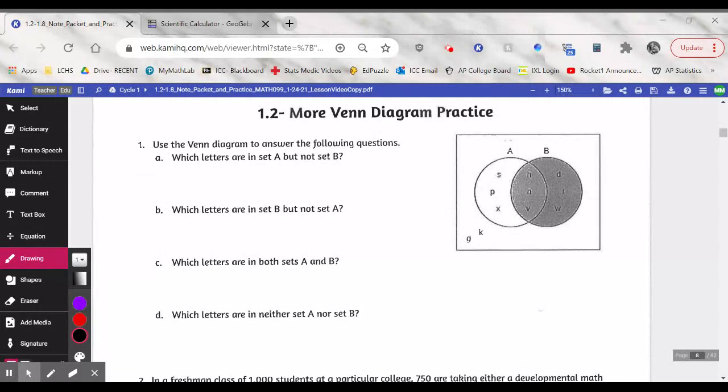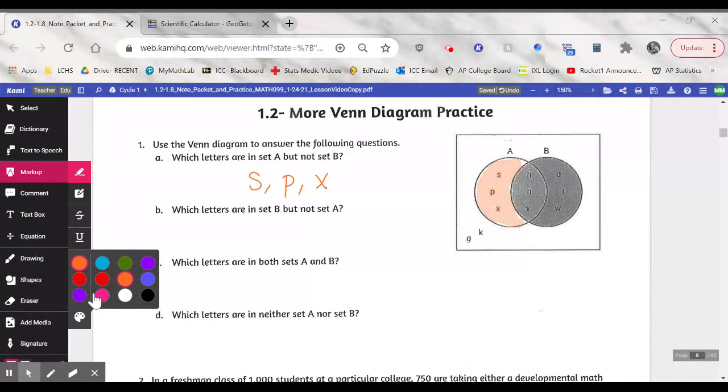So we only want those that are in set A. So I am only going to have the ones that are in this orange area right here. I'm not going to have any that are overlapped with the B circle. So the only ones that are in set A are S, P, and X.